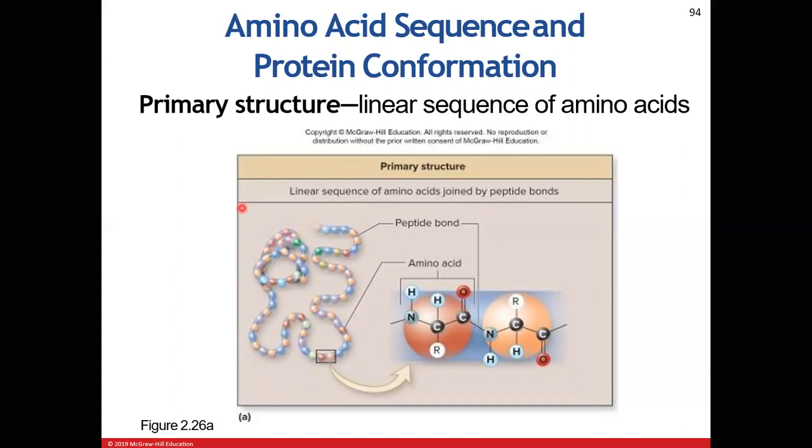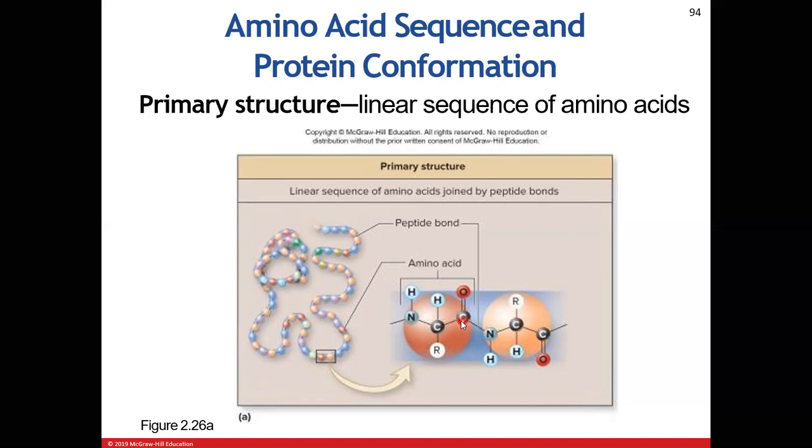Each of these bubbles or balls here represents an individual amino acid. As we blow it up, here's an R group, indicating one amino acid. Here's an R group; in this case, we'll say it represents a different amino acid.